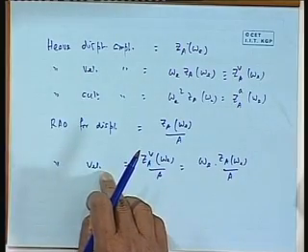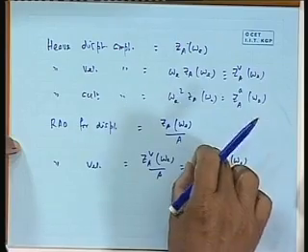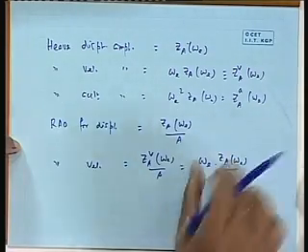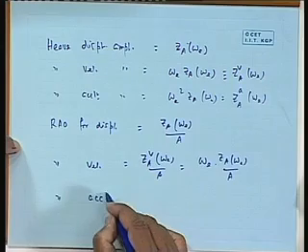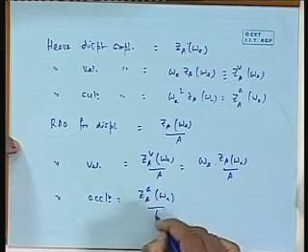Remember that RAO always means the amplitude of response per unit wave amplitude. The two units need not match, because, for example, roll is in degrees per meter of wave height. What is my amplitude of velocity per unit of wave amplitude? Z_AV, the amplitude of velocity, divided by the amplitude of wave. But the amplitude of velocity is nothing but omega_e times the amplitude of displacement. So it is this. Now for acceleration, it is Z_A acceleration by A.